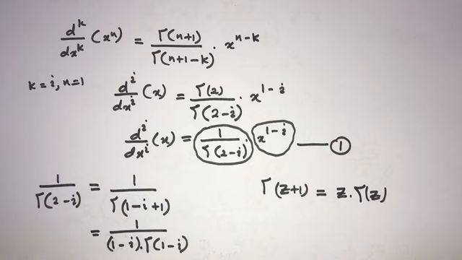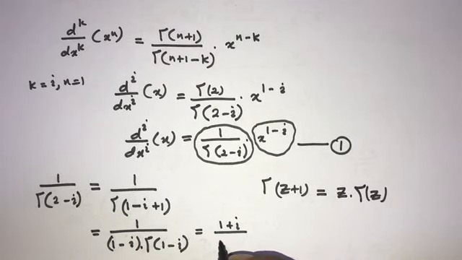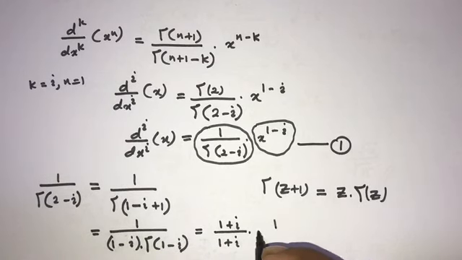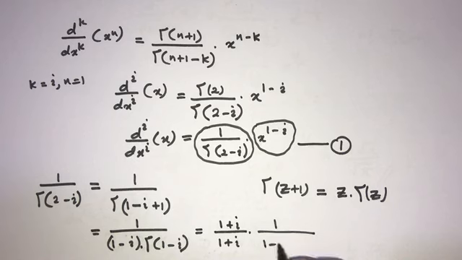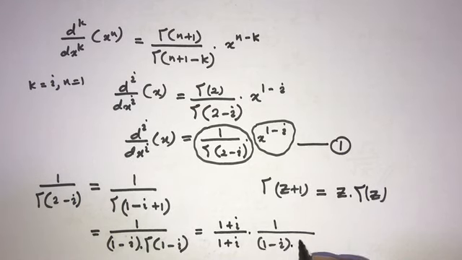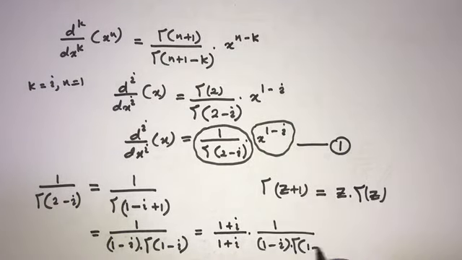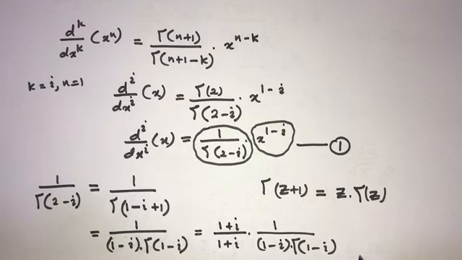Now we can multiply by the conjugate of 1 minus i, so we can write 1 plus i over 1 plus i times 1 over 1 minus i gamma of 1 minus i.